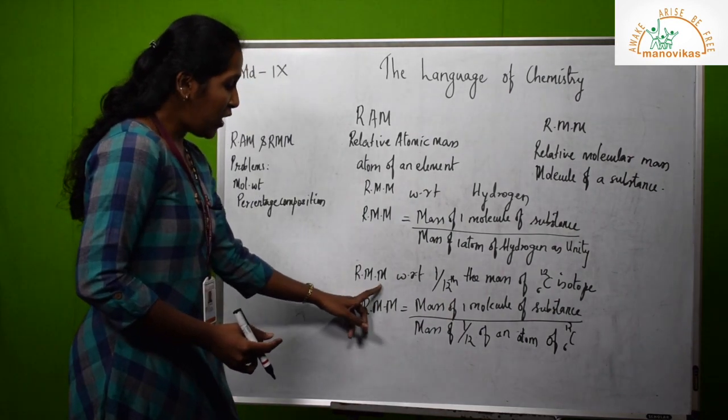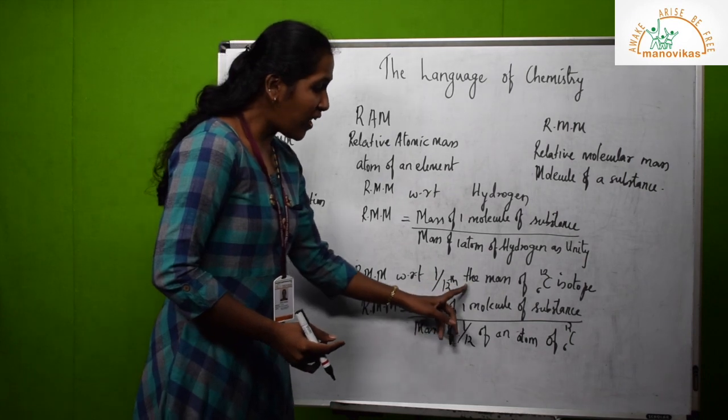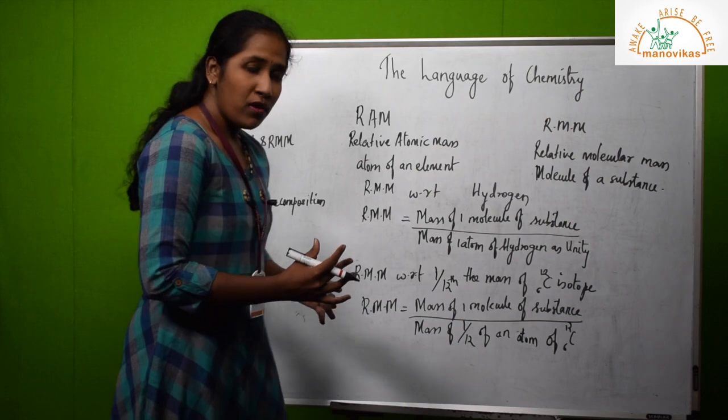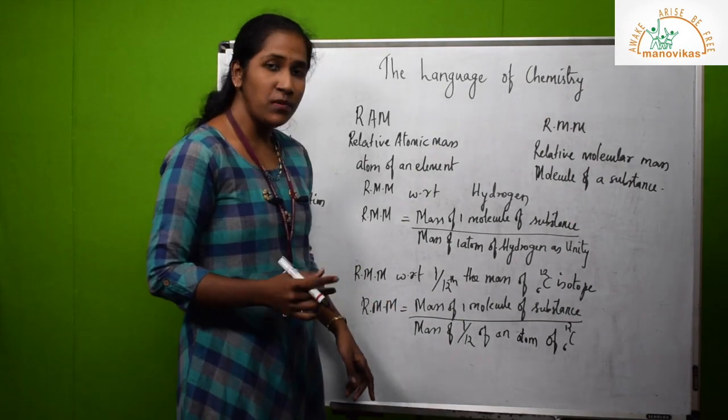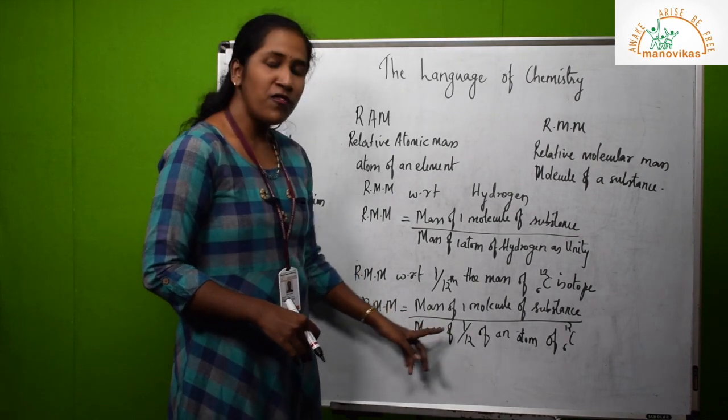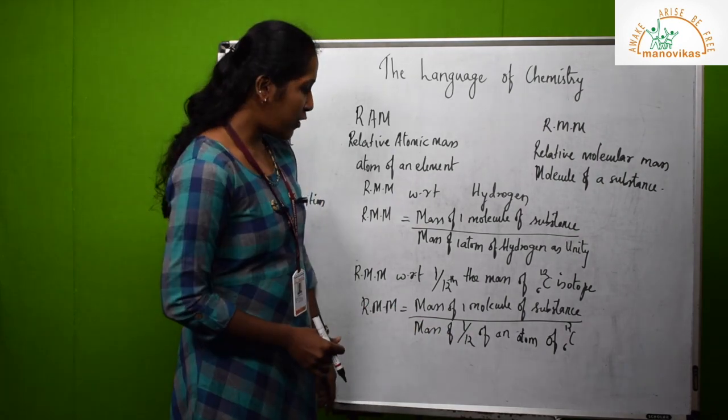Same way, relative molecular mass with respect to 1/12 the mass of the C12 isotope is the number that represents how many times one molecule of a substance is heavier than 1/12 of the mass of the carbon 12 isotope.